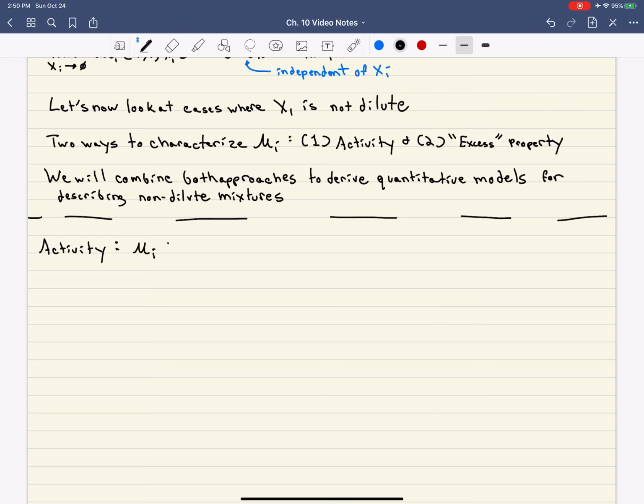going to do is we're going to take our chemical potential of species i. That's a function of temperature, pressure, and composition. So once again, this bracketed x just means a set of different mole fractions.